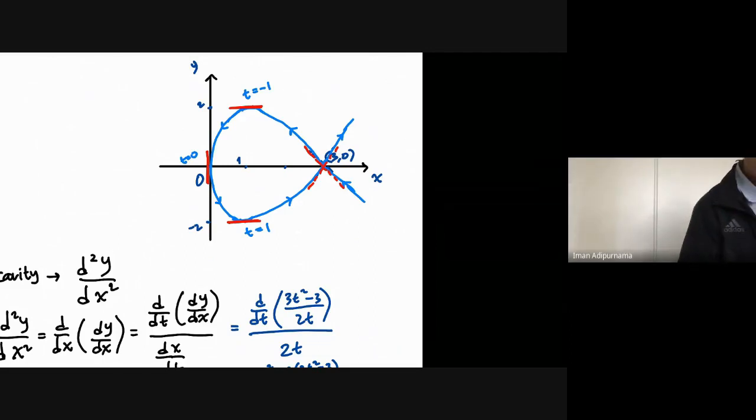Or maybe I will add this t here, t equal or t equal negative. They are both at the same positions, right? From our calculation before.